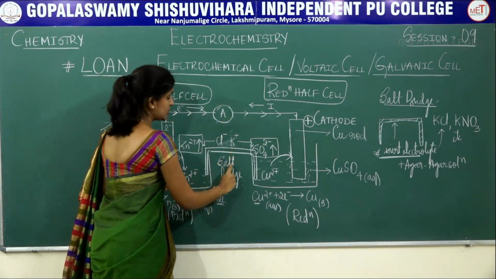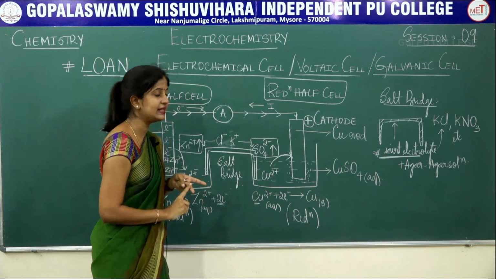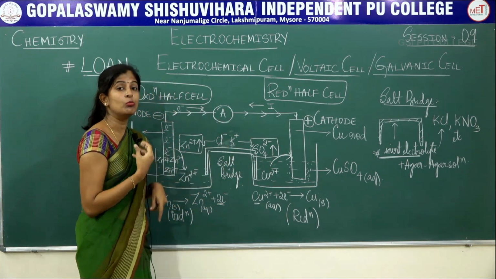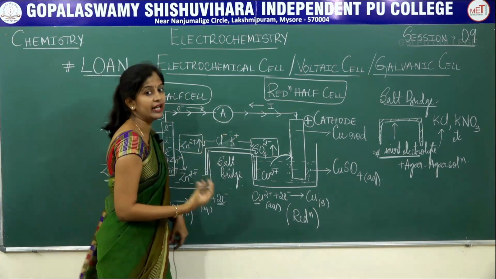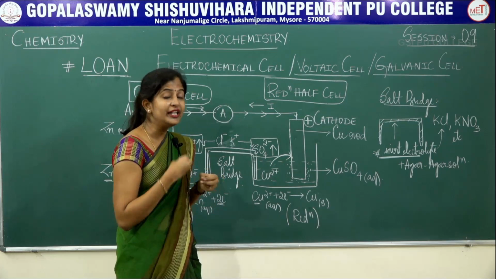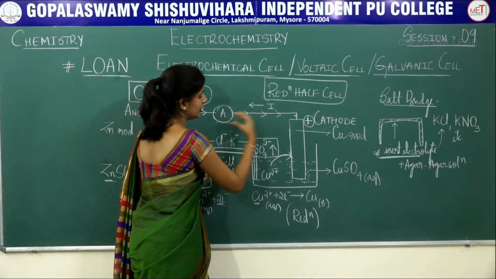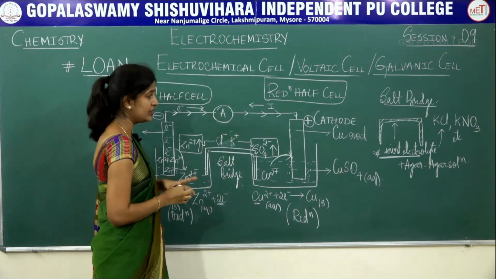Along with that, while using a salt bridge, you have to take an inert electrolyte, and you have to see that the electrolyte taken has ions with higher mobility. That is, the mobility of these ions should be greater. The movement of these ions should be very high so that they easily pass through the two chambers and maintain electrical neutrality.